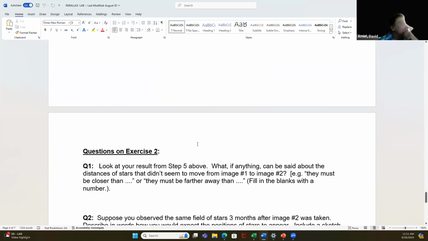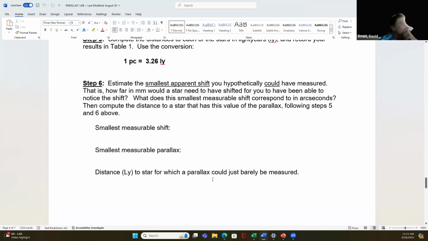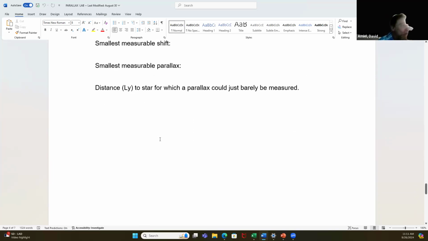So sorry about the mistake. This question is referring to step 6. And so for question 1, you should answer that based upon the values that you get for step 6.